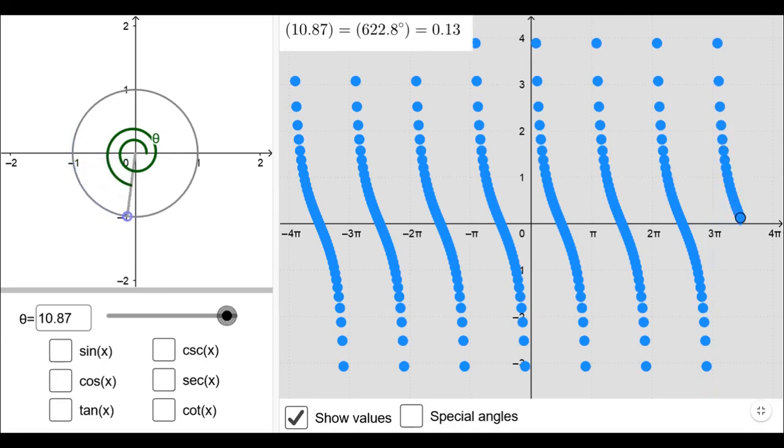And finally a smooth curve can be drawn, and the graph will be like this.